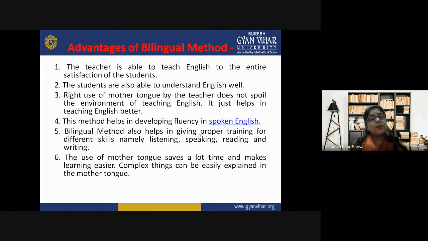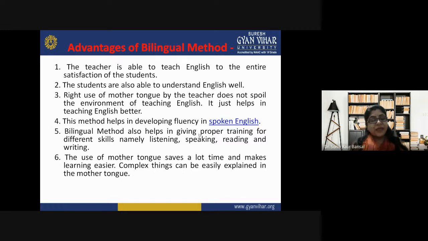There are different IQ levels of students, and we know it, students, that all the students are not the same in our classroom. Some of the students have brilliant IQ, and many of the students have average IQ and lower IQ also.